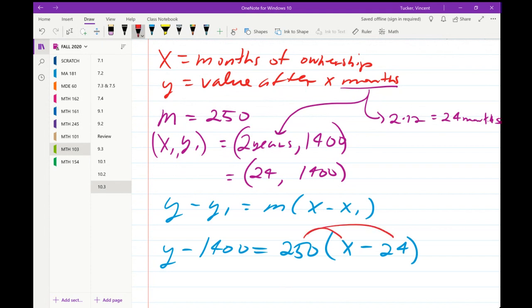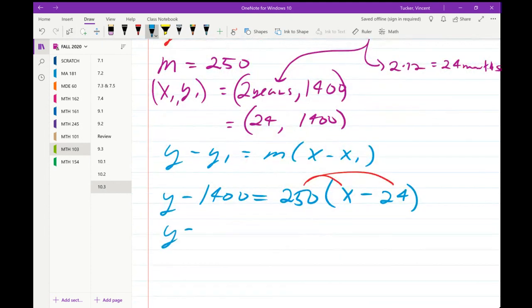Distribute the 250. y minus 1400, 250x, 250 times 24, I believe it's 6,000.